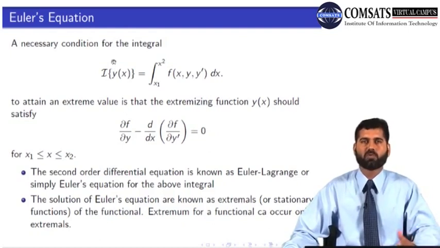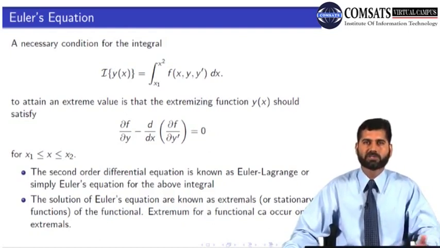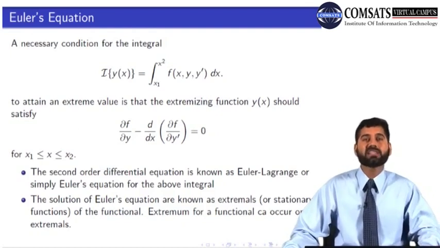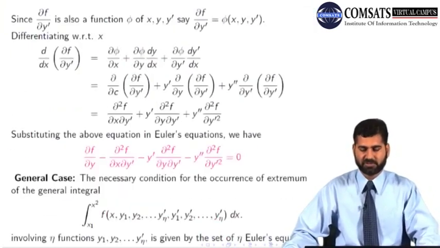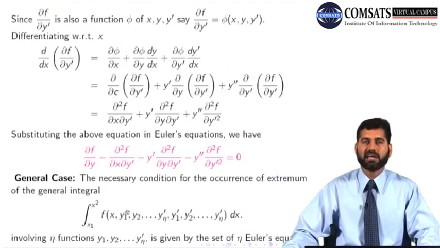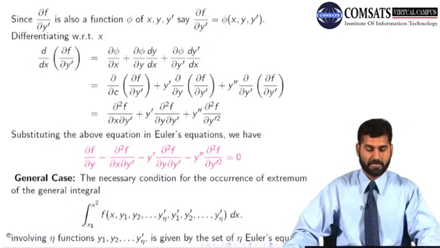Let's say y1, y2 up to yn. If it depends on y1 up to yn, then it should depend on their derivatives as well. So this is the general integral we are considering, depending on x, then y1 to y eta, then y1 prime to y eta prime, dx.